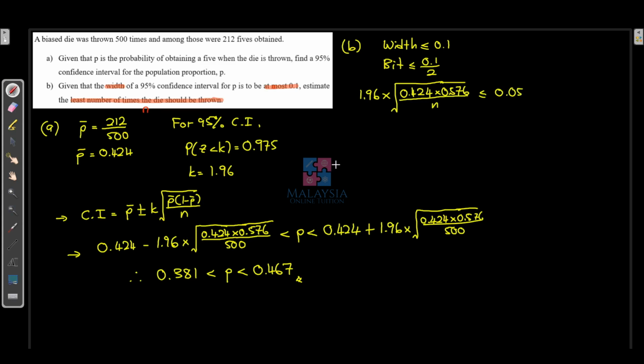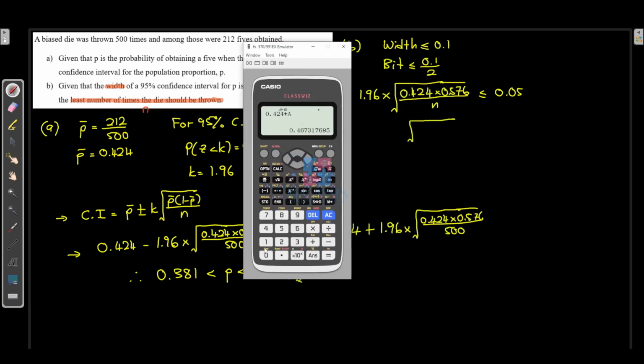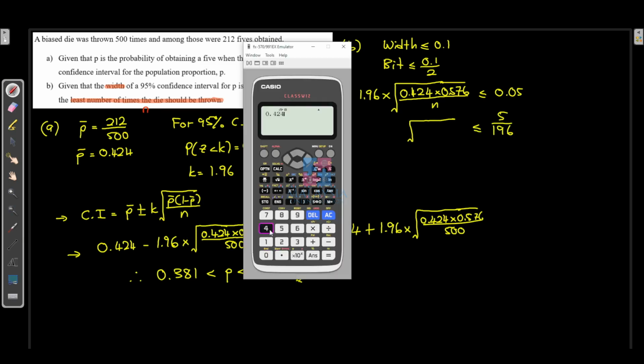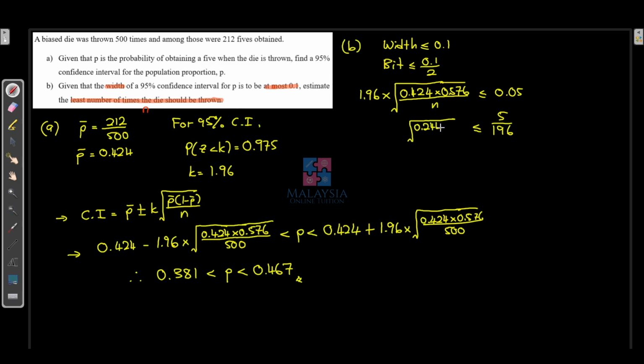Let's do this slowly. We know that 0.05 divided by 1.96, we get 5 over 196. And then 0.424 times 0.576, we get, oh, that's quite long, 0.244224, divided by n.